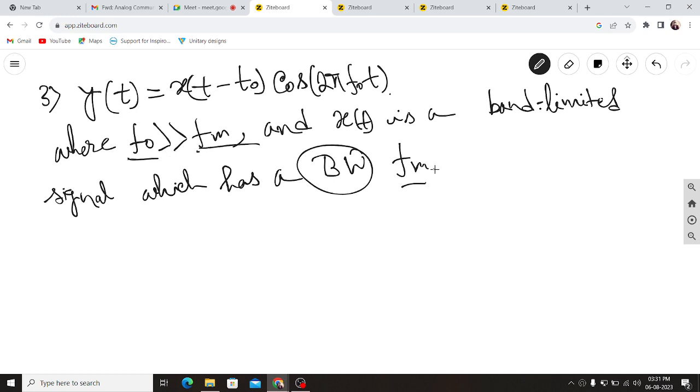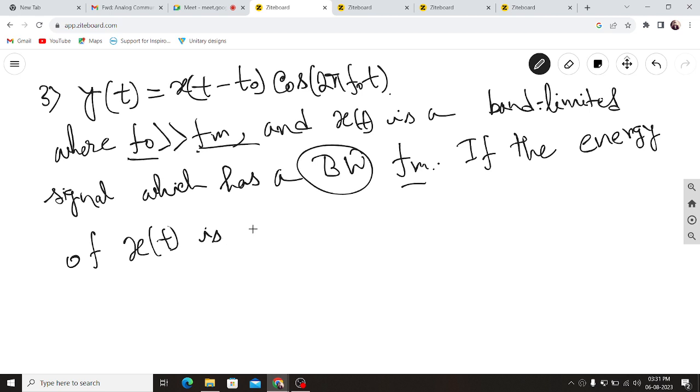What is the bandwidth of this? If the energy of x(t) is E, find the energy of y(t).